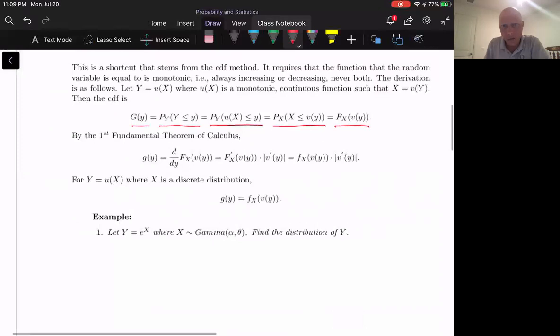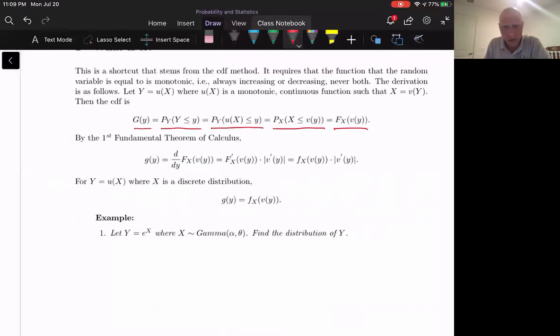This is a function within a function. So when you take the derivative of this, you're going to get capital F prime, which is little f, times the derivative of what's inside, which is your v function. And so in the end, your shortcut is to use this notation, this particular approach.